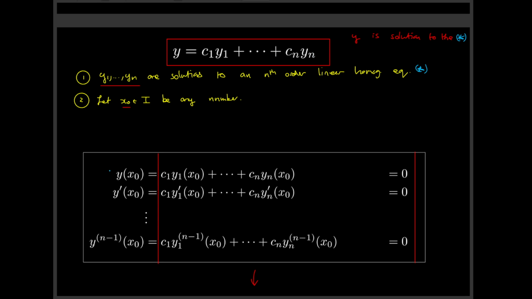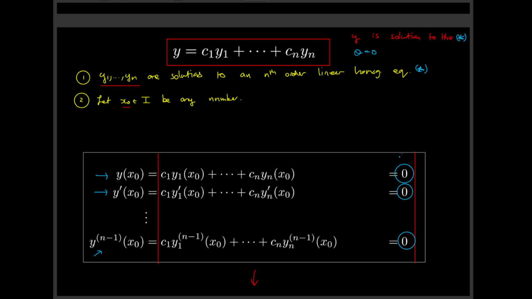But moreover, these numbers here specify initial values, and they must all be equal to 0. Now there is always a function which has this property, and it's the 0 function. Setting y equal to 0, this would be a solution to any homogeneous equation, and moreover it would have these initial values.